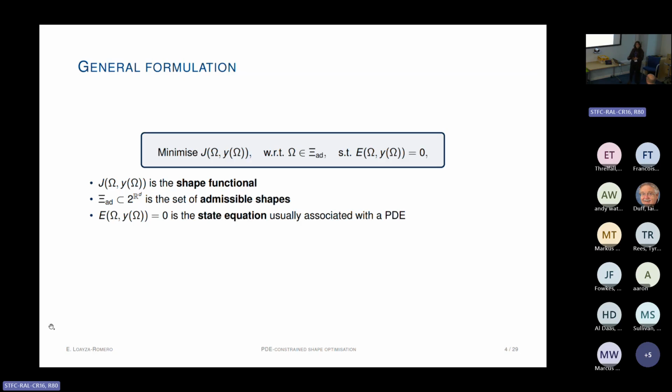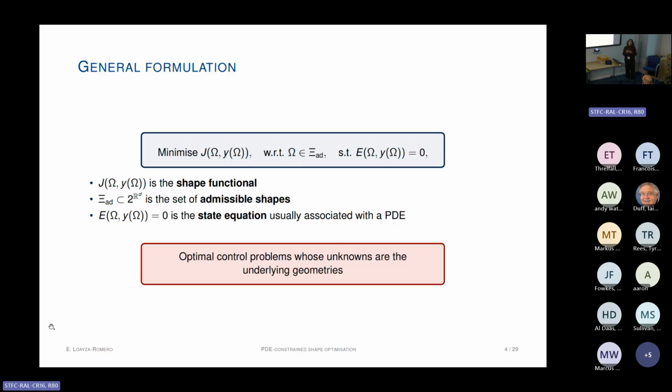So whenever I change my domain, I change the solution of my PDE, I change this state equation. That's exactly why I'm writing y of omega, because this is how we have to eventually measure how this variable changes. And of course, that induces also a change in this objective function or shape functional, right?